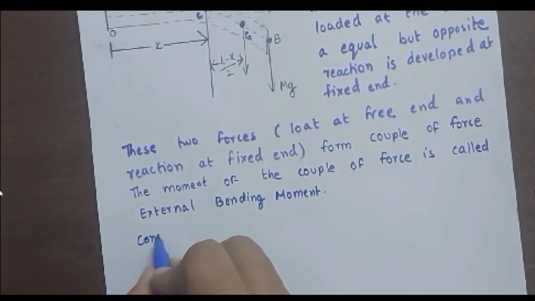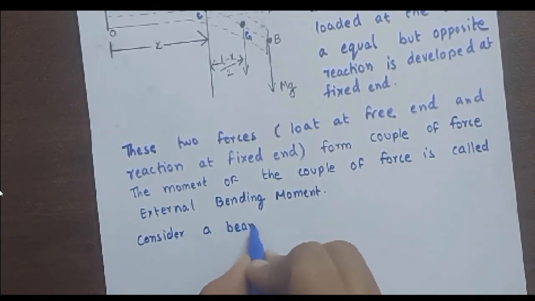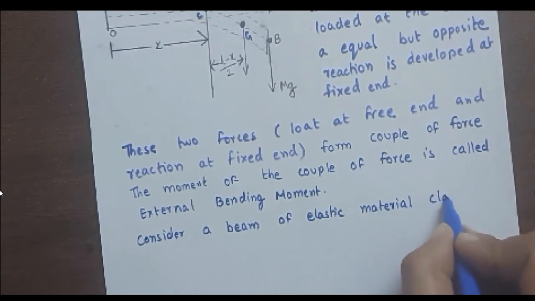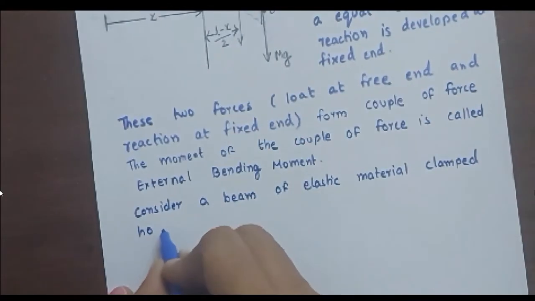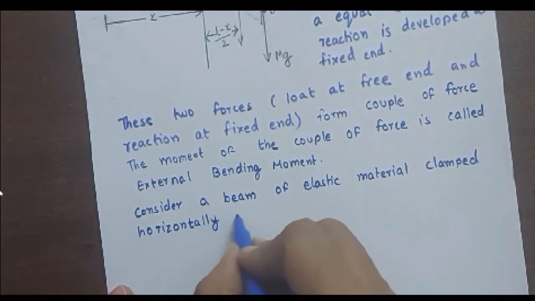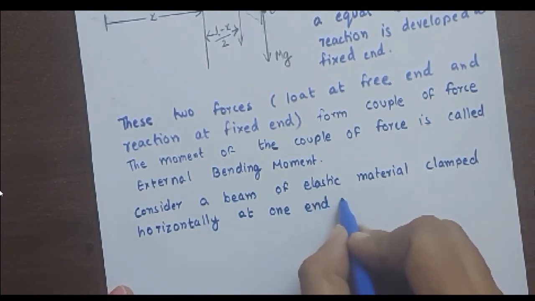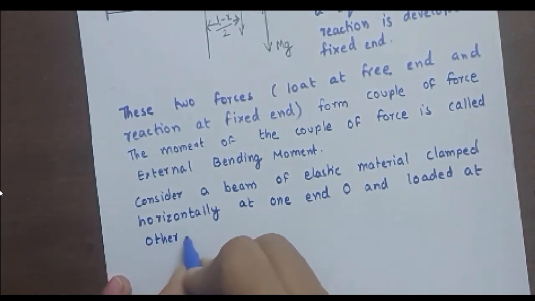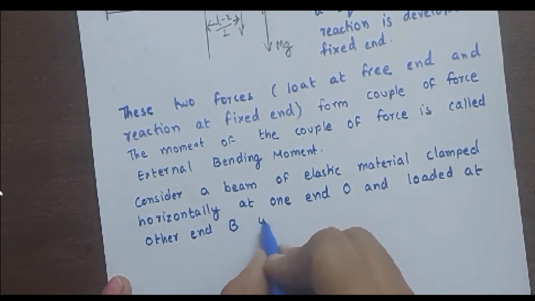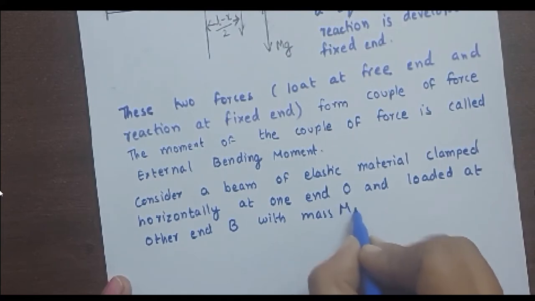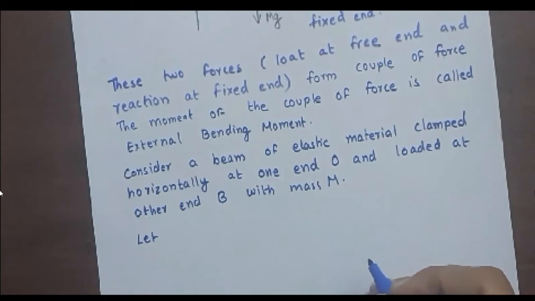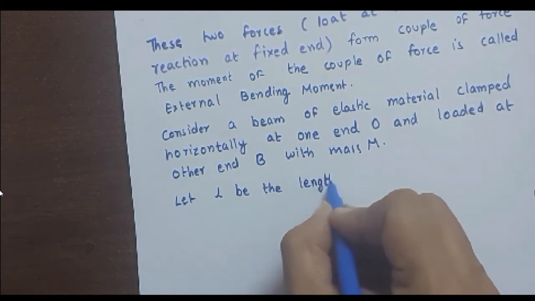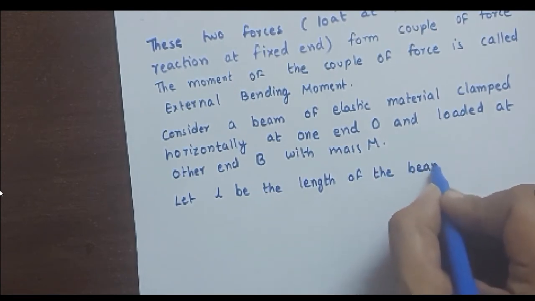So we will write everything. Consider a beam of elastic material clamped horizontally at one end O and loaded at the other end B with mass capital M. Let small l be the length of the beam.